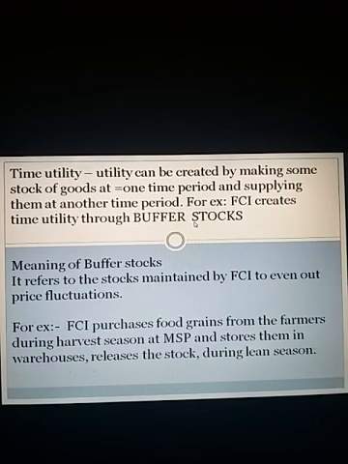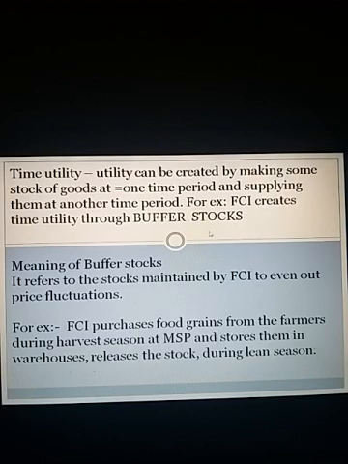So to prevent this loss to producers as well as consumers, the government through FCI has initiated a scheme called buffer stocks. FCI acts like a merchant. It purchases the products from the farmers at proper prices. We call it MSP, minimum support prices. It transports the purchased goods to warehouses, scientifically stores them and supplies them at a proper price.